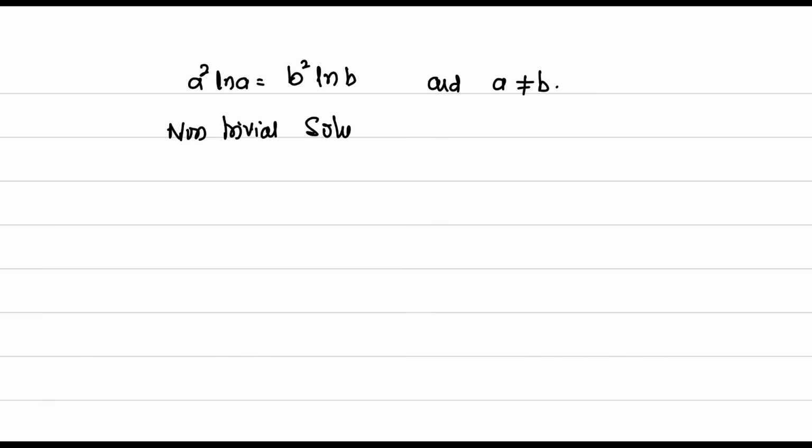Here a square ln a is equal to b square ln b, and a is not equal to b. That means we are trying to find out the non-trivial solutions for this equation.